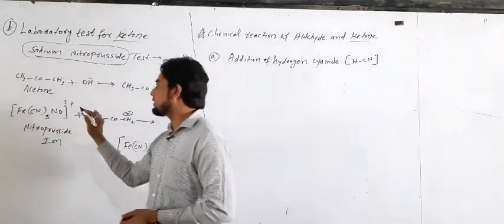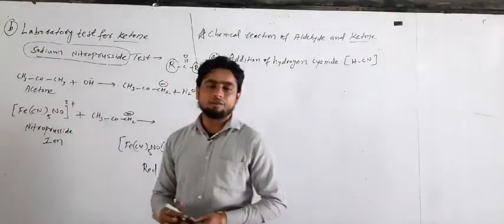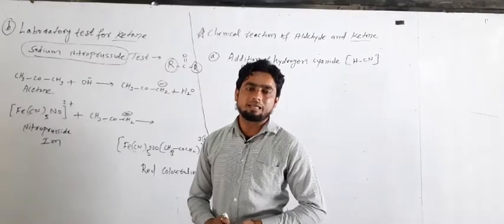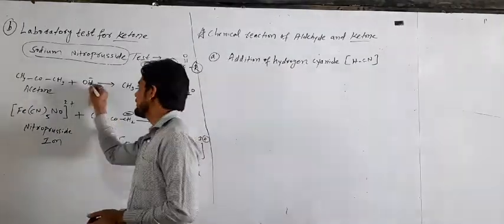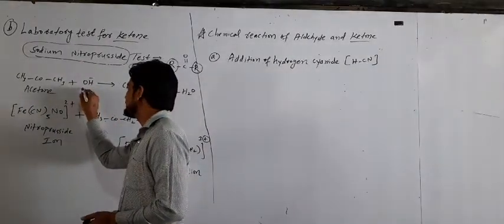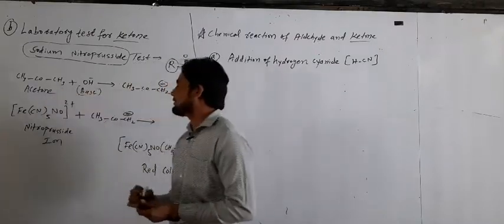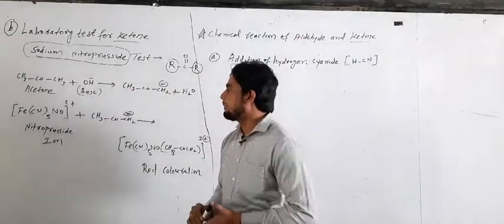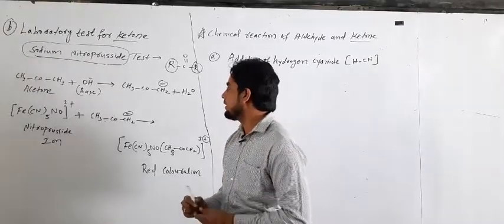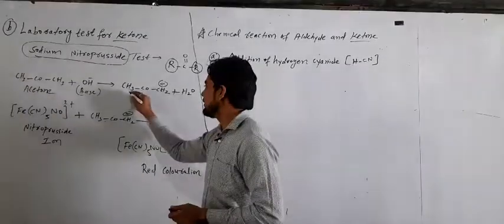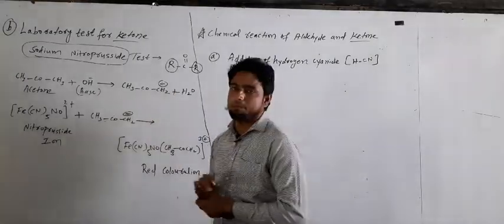So when acetone or ketone reacts with a base or alkali, here OH is the base or alkali, it forms the ketonic ion compound.